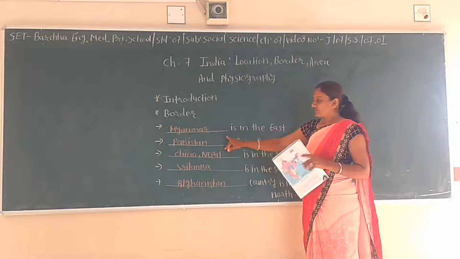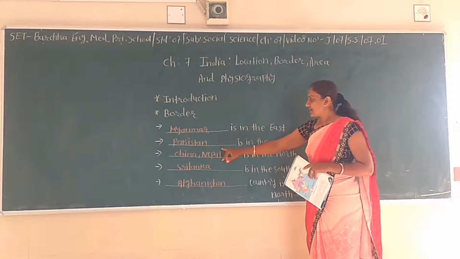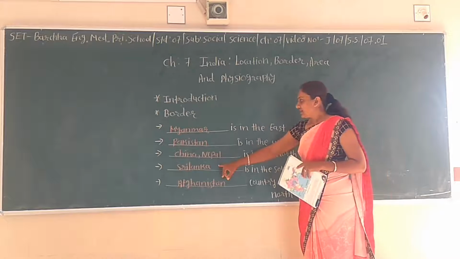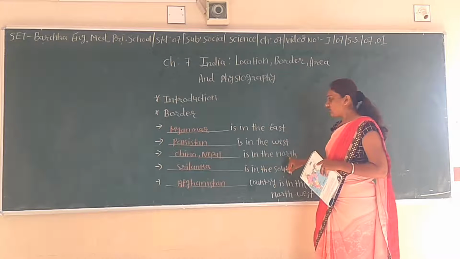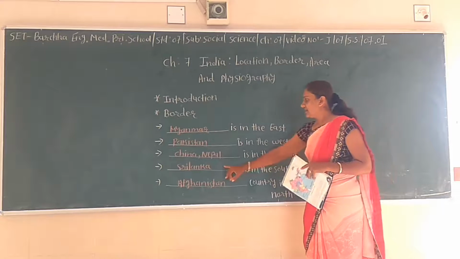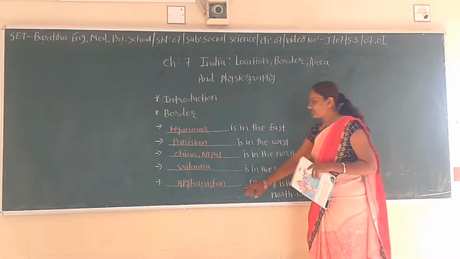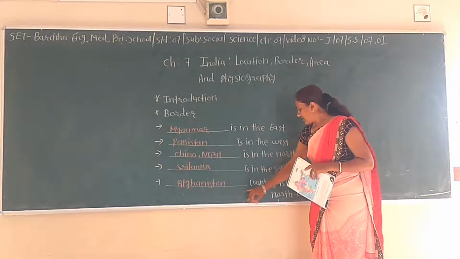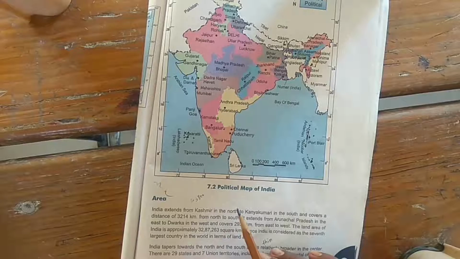Myanmar is in the east direction of India, Pakistan is in the west, China and Nepal are in the north, Sri Lanka is in the south, and the last one is Afghanistan. This country lies in the northwest direction of India.